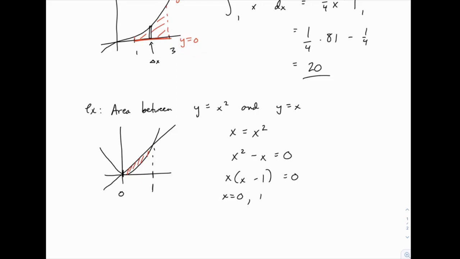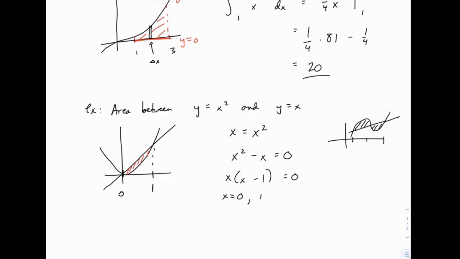Now we'll see an example a little bit later that might be a little bit different. Let's say, pausing this one for a second, let's say our two functions looked like this. And now if we were asked to find the area between the two functions, we would need to find both of these areas. So in that case, we'd have to figure out the three values where they cross.